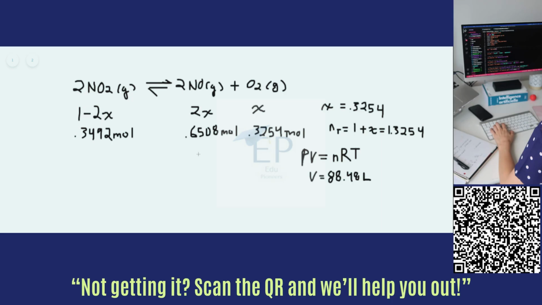Now with this, we can figure out the concentration of each of these gases. If you divide these three numbers by 88.48, you get new numbers, which are about 0.003947. Kind of writing out a semi-rounded form of each of these. You should keep these in your calculator when you're doing this straight through. Moles per liter.